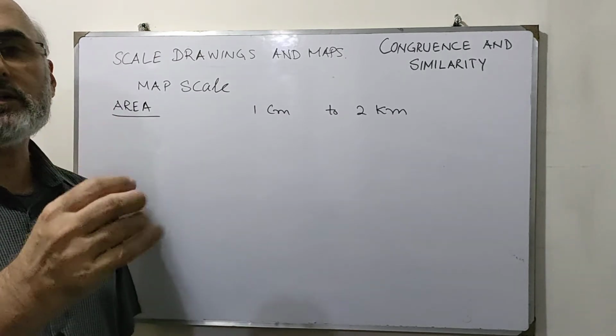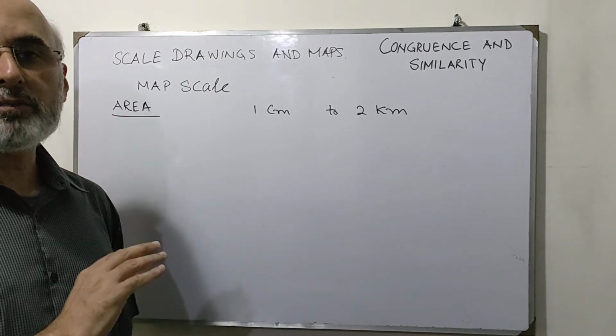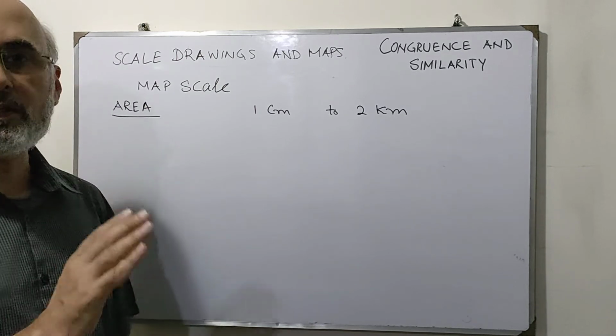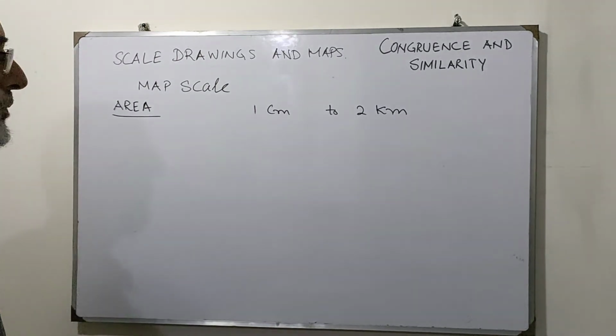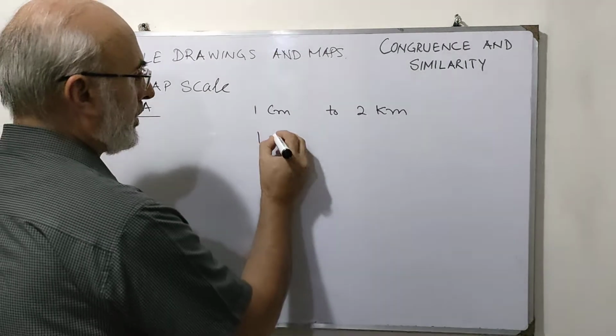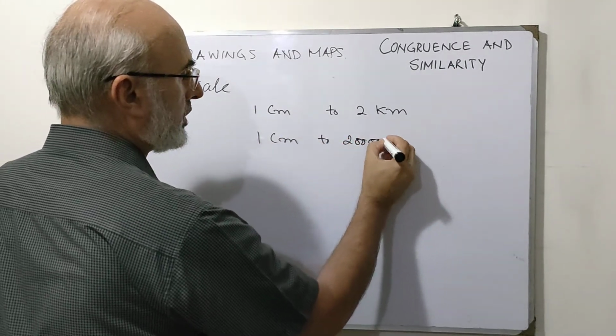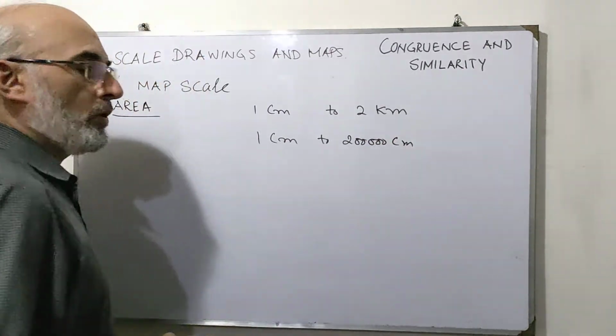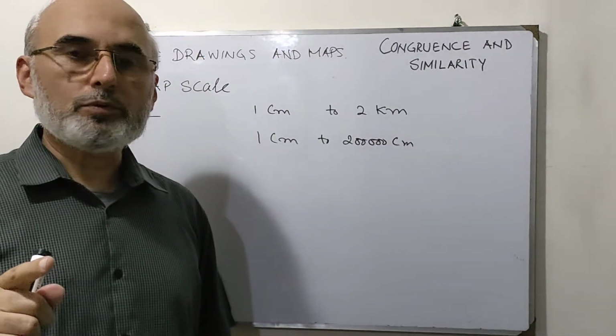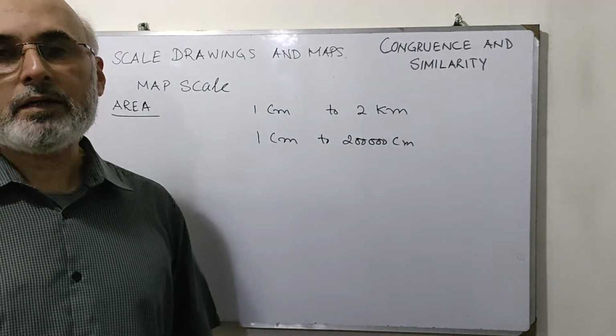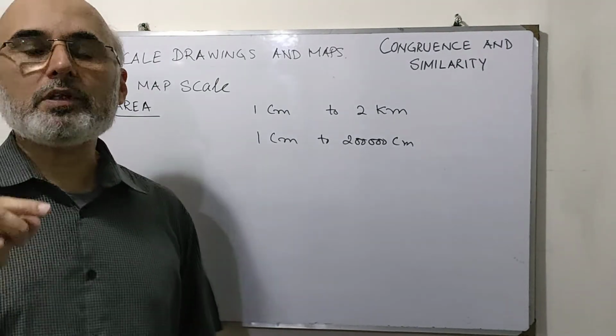So first thing is to make the units of the scale the same. So we are going to have 1 centimeter to 200,000 centimeters.